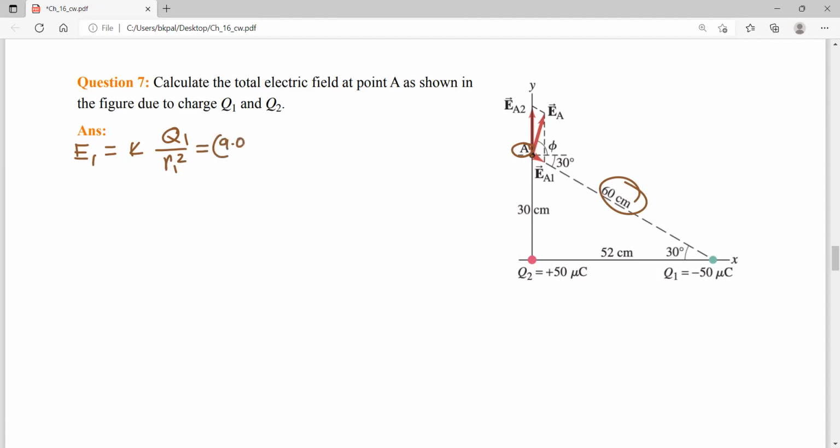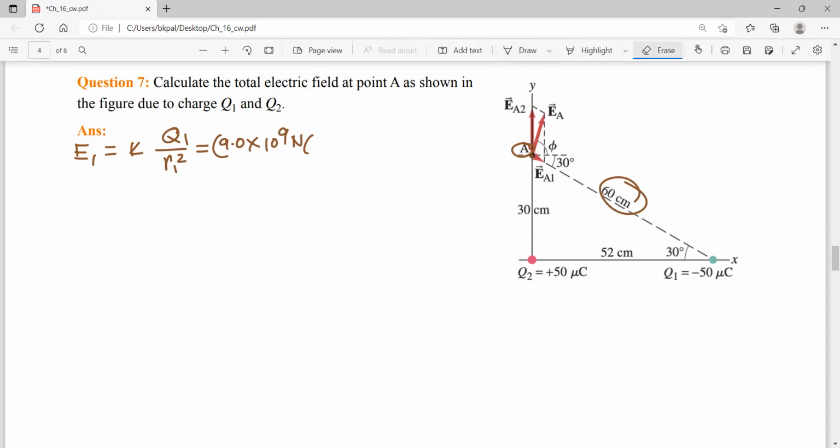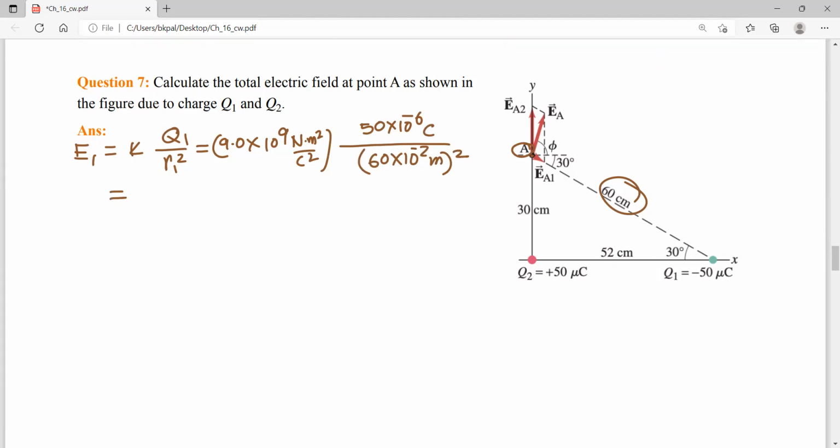So it will be just 9 times 10 to the power 9 Newton meter square per Coulomb square, and then the charge is 50 microcoulomb, and 60 centimeter means 60 times 10 to the power minus 2 meter, square. So E1 is, I got 1.25 times 10 to the power 6 Newton per coulomb.